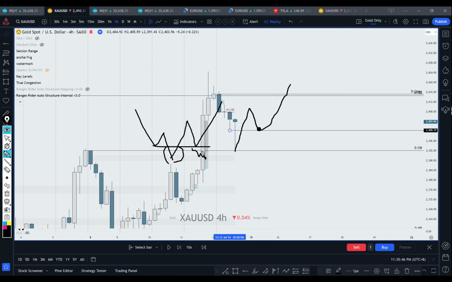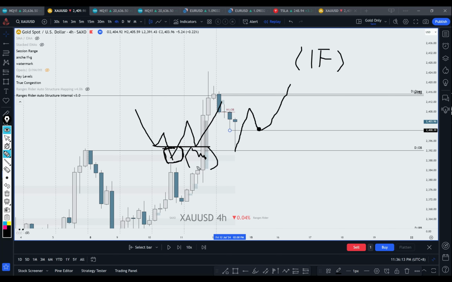So why should the price come into this zone to give them the opportunity to close their positions at break even? If the market wants to go up, it is not going to give them the opportunity to come out of this position. This is the first condition. But if the market wants to go down, that is the second scenario.